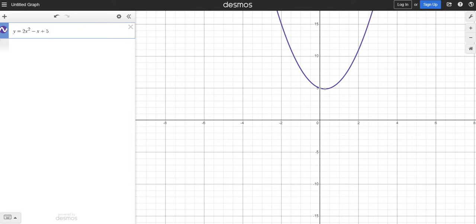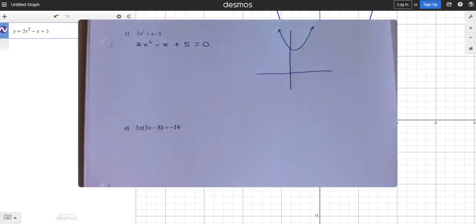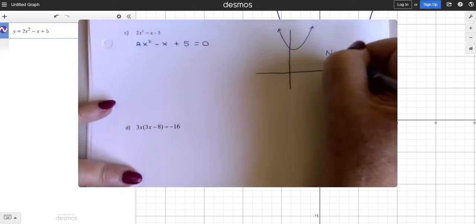So I'm going to sketch this right now on my paper, and then we're going to talk about what that tells us. It never crosses the x-axis. So my sketch just shows that parabola that stayed always above the x-axis. There are no x-intercepts.